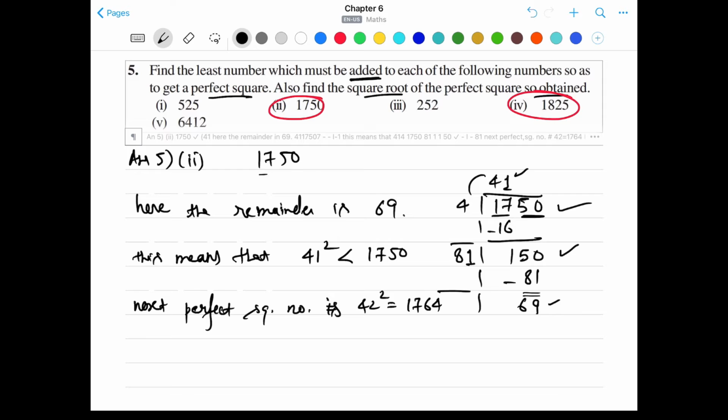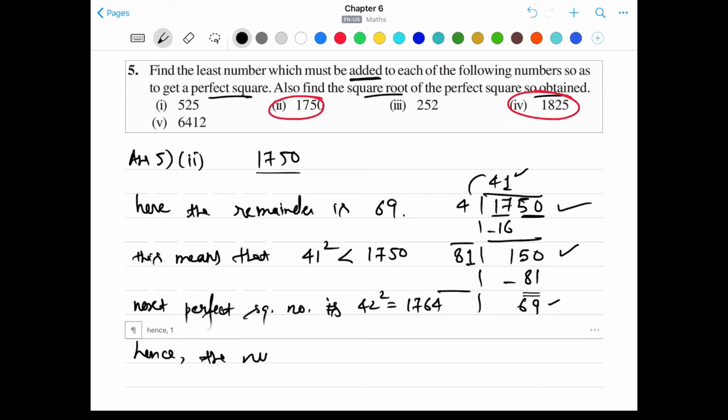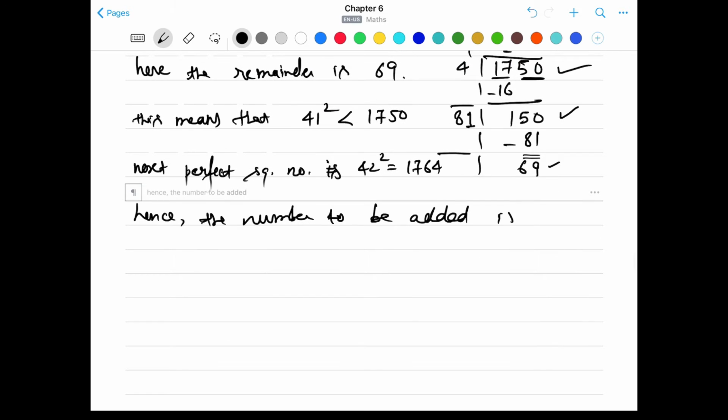So that means this number is less than the square of 42. Hence the number to be added is obtained by subtracting the given number from 1764: 1764 minus 1750 equals 14.